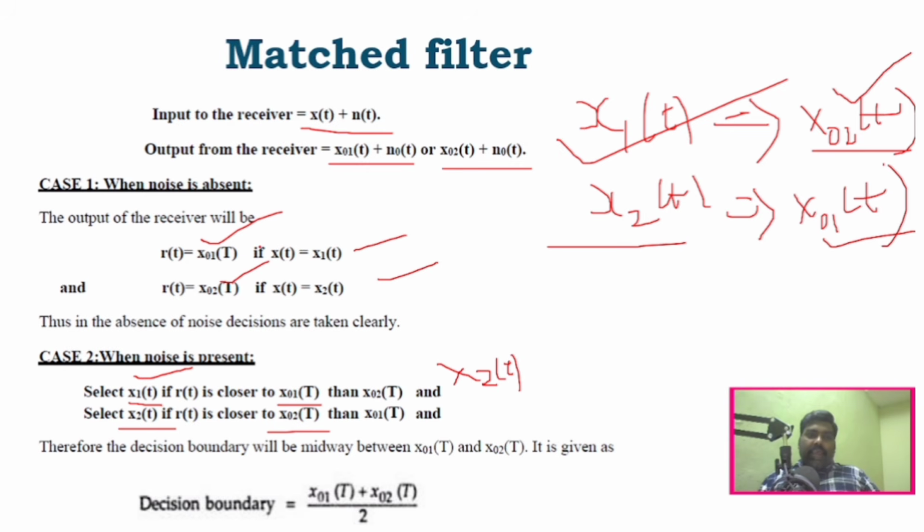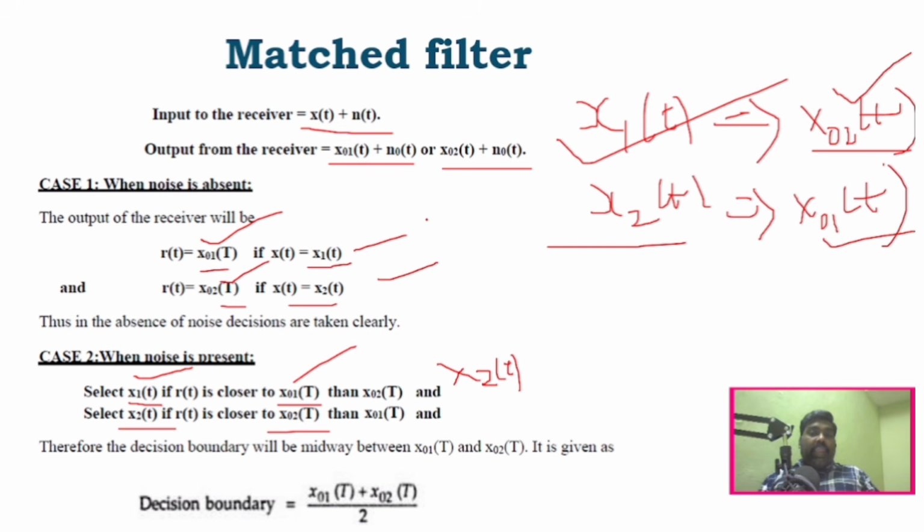I'll explain here again. When noise is absent, whatever is transmitted will be decoded correctly. If noise is present, it will detect x1(t) or x2(t) depending on which corresponding signal it is closer to. If r(t) is closer to x01(t), it will take it as x1(t). If r(t) is closer to x02(t), it will take it as x2(t).